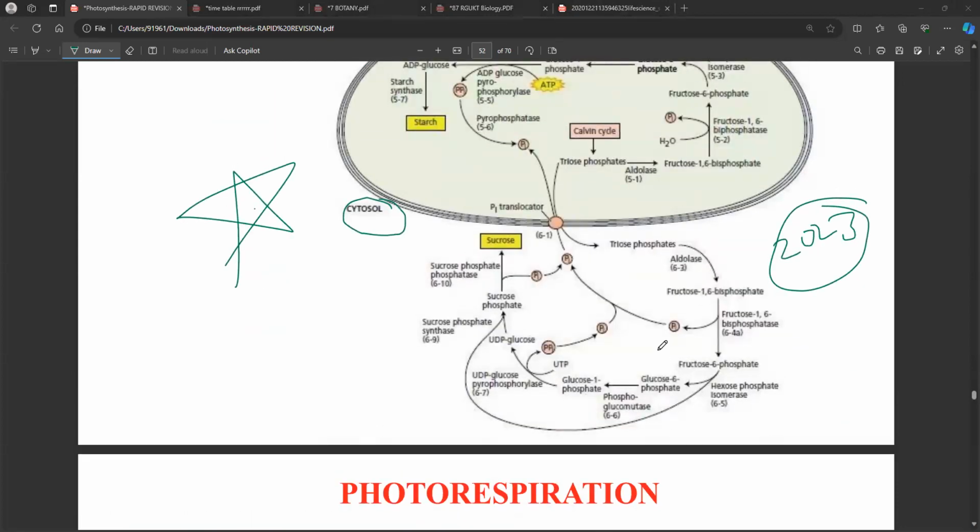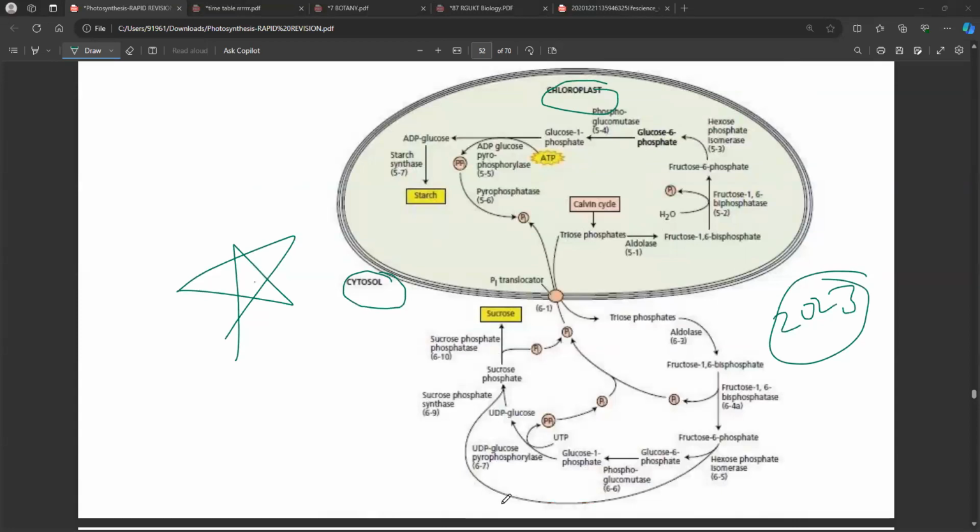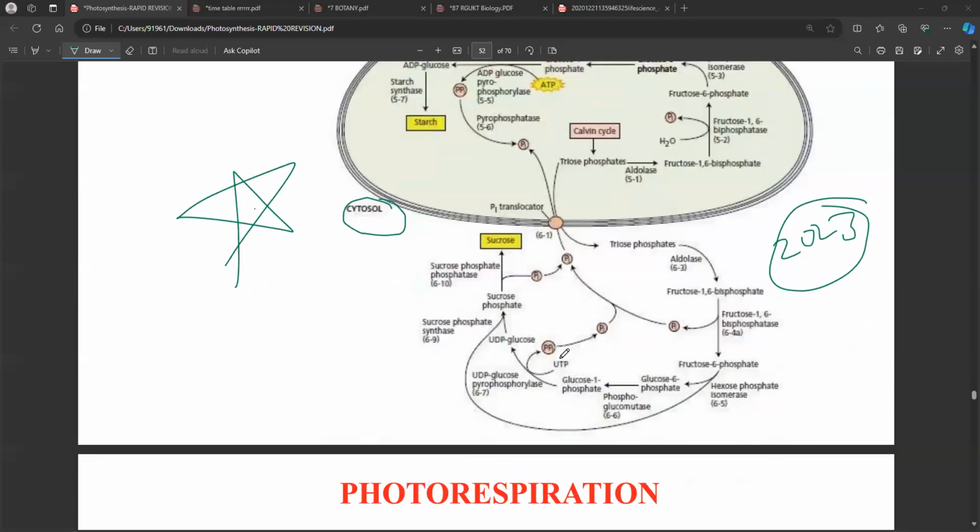But I am requesting every student, because there is nothing to explain here, I want all of you to remember these equations compulsorily. Equations in the sense, for example, this is a triose phosphate, which is what? A 3-carbon compound, right? Now that 3-carbon compound combines with another 3-carbon compound and gives rise to fructose 1,6-bisphosphate.